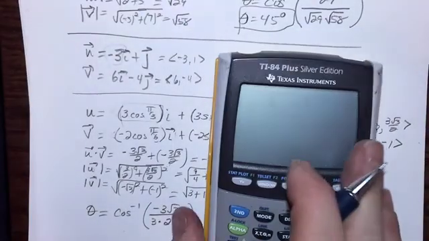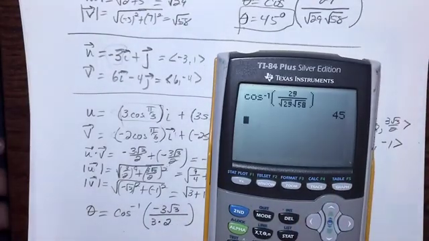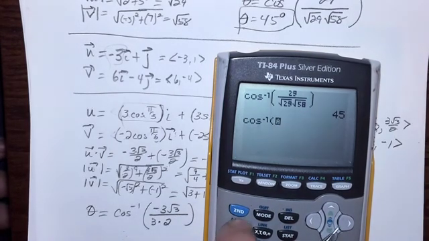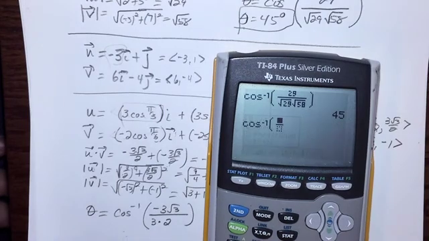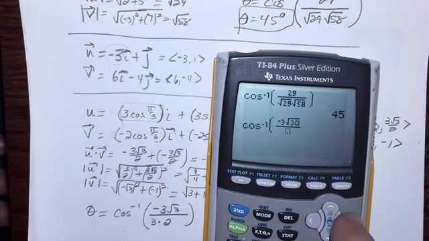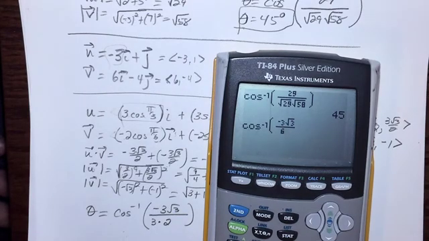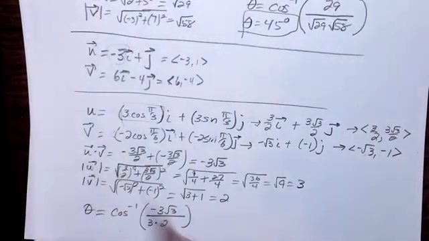Take your calculator and go ahead and put that in there. Second cosine of fraction negative 3 square root of 3 over 3 times 2 is 6. And the answer is 150 degrees.